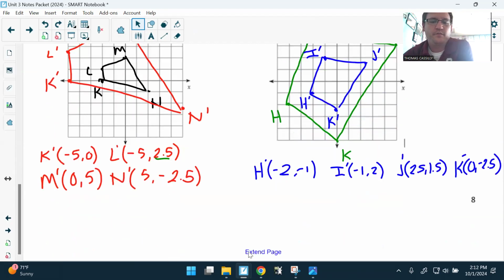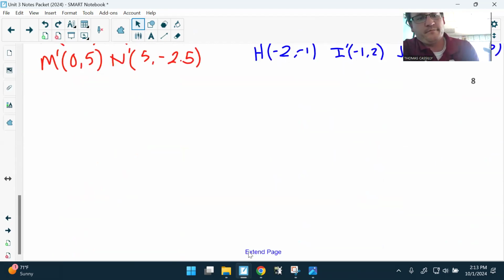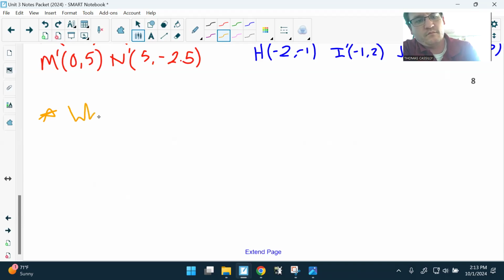One thing I do want to make a note of is when we dilate, I'm going to use capital D. When the dilation is greater than 1, that is an enlargement. So the image gets bigger than the pre-image.